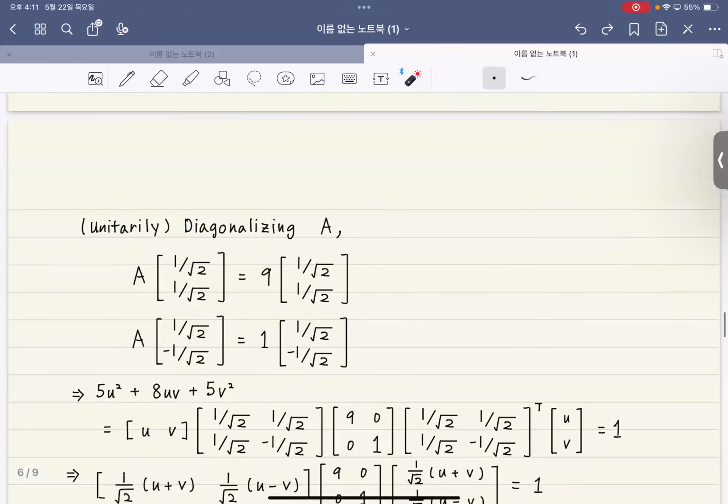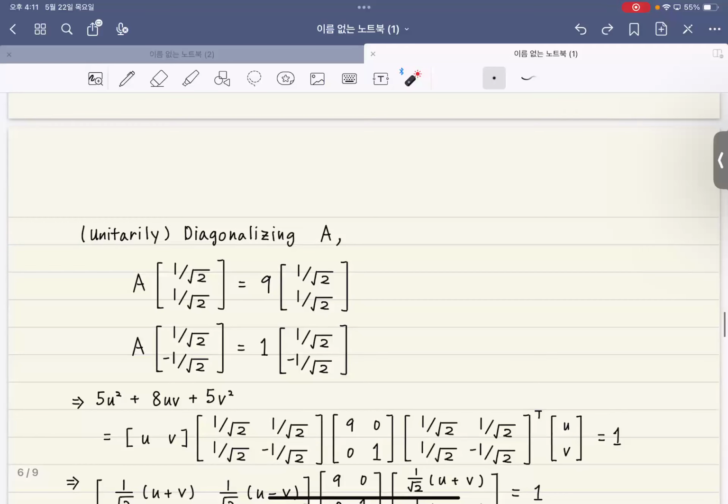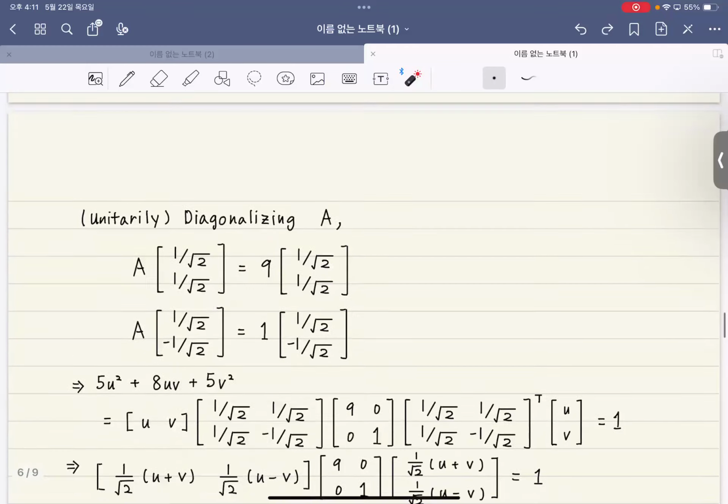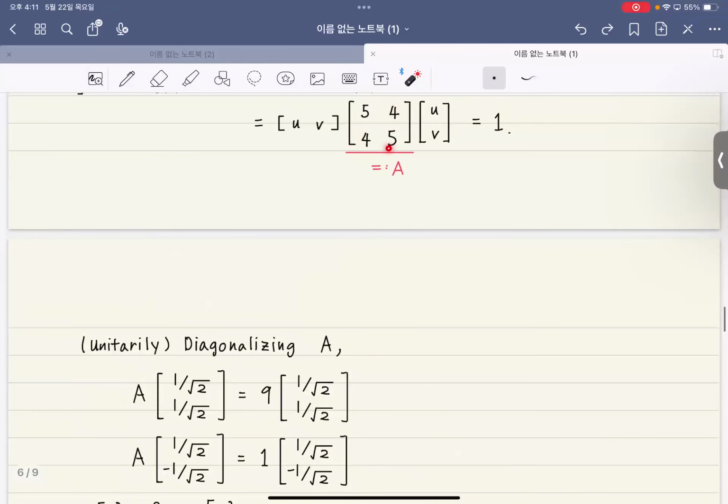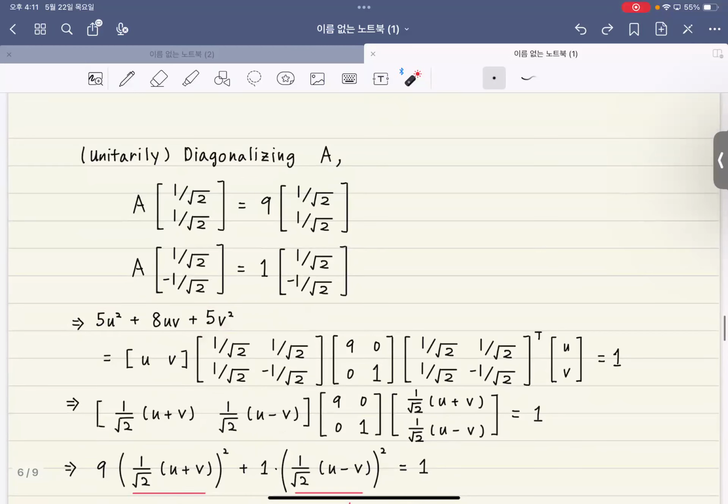Okay. Now we have the eigenvalues and eigenvectors, so we can diagonalize the matrix A, this middle matrix. So this equation is now the row vector (u, v) times P, and this middle matrix, which is now a diagonal matrix, times P transpose times the column vector (u, v) equals 1.